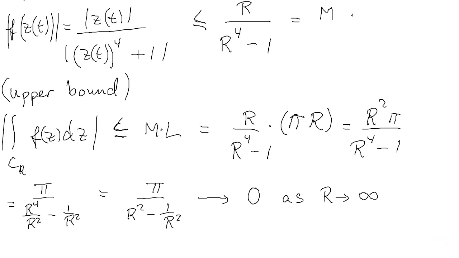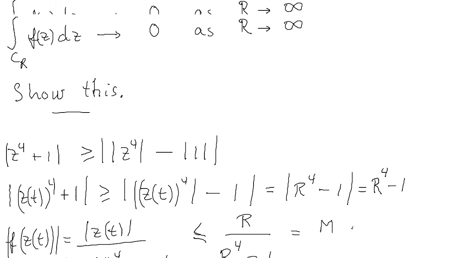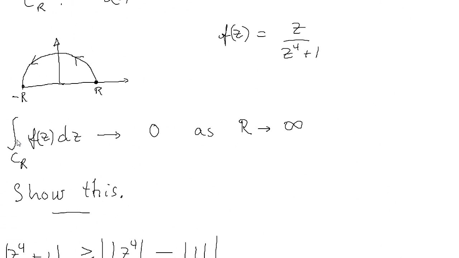So this proves what we were asked to do, namely that the integral over f of z over the curve C_R goes to 0. Actually, we proved that the absolute value of this goes to 0, but when the absolute value goes to 0, then the complex number which is the integral must also converge to 0.